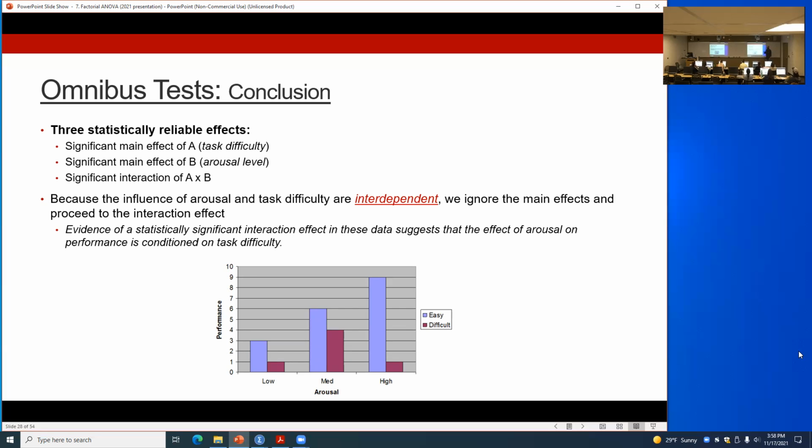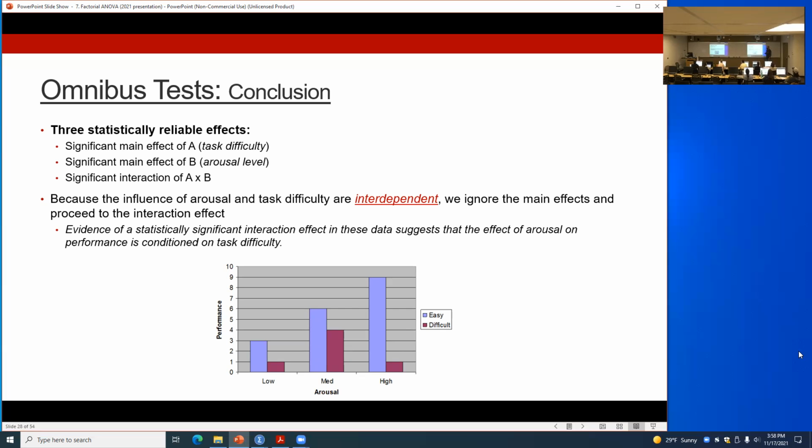Exactly, right? So we're getting a different pattern of effects for the relation of arousal on performance, depending on if we're talking about easy tasks or difficult tasks, which makes some sense conceptually, right?